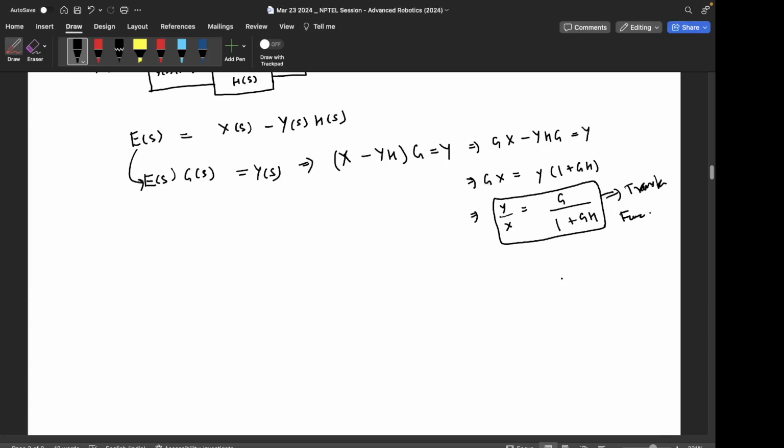And if the numerator goes to 0, then the entire transfer function goes to 0, right? And if the denominator goes to 0, then the transfer function blows up, it goes to infinity and becomes unbounded. So the two things which we will find out about any transfer function is when does it go to 0 and when does it go to infinity.